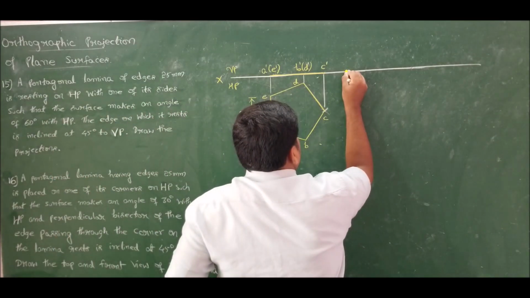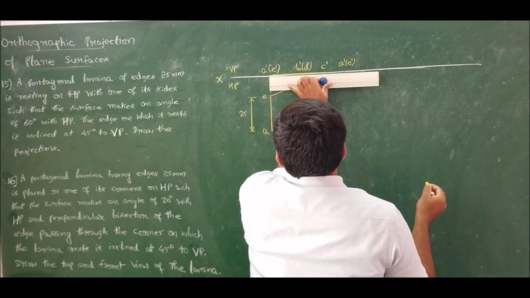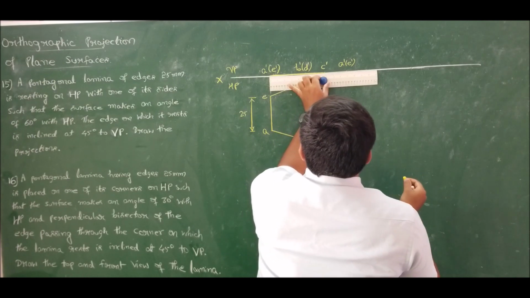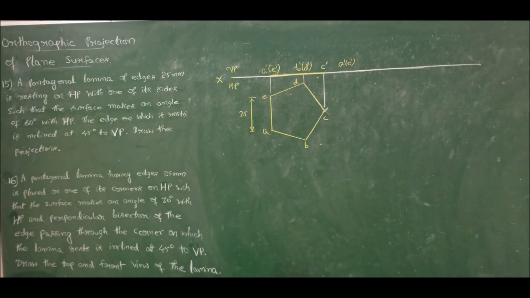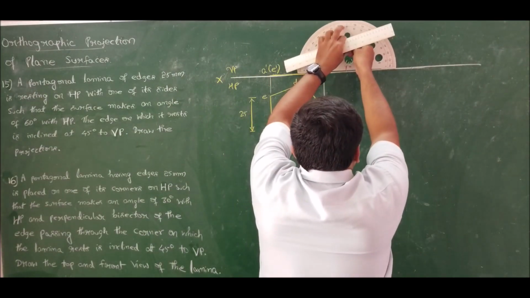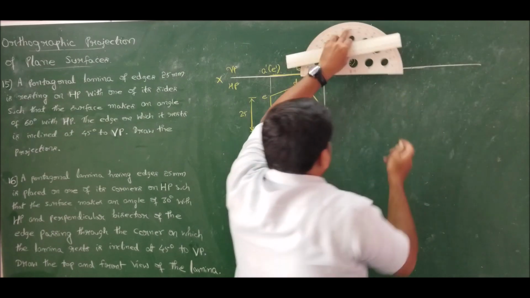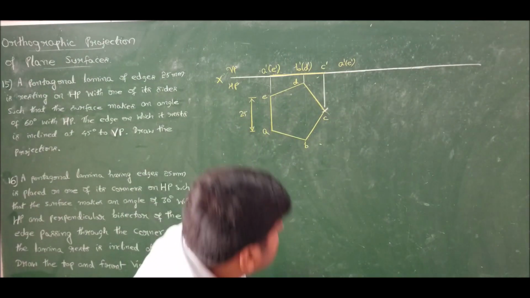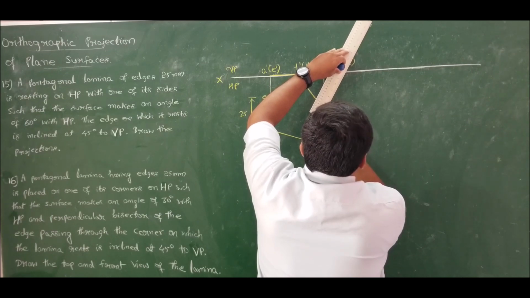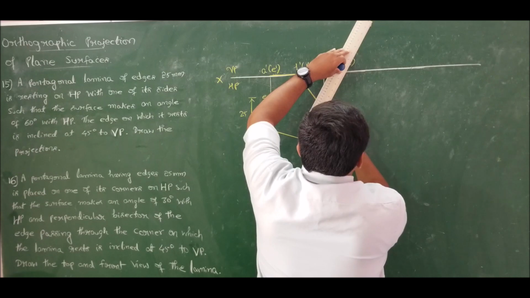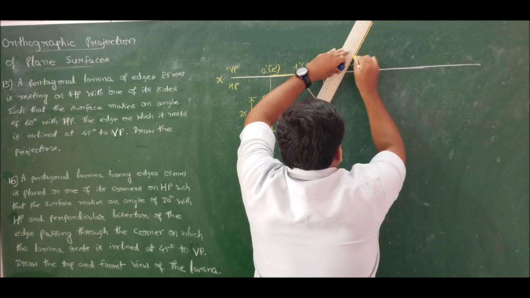So I will mark A dash, E dash and measure the length of the laminae, and transfer the laminae at an angle of 60 degrees to HP, which is given in the question. So transfer it. Transferred.